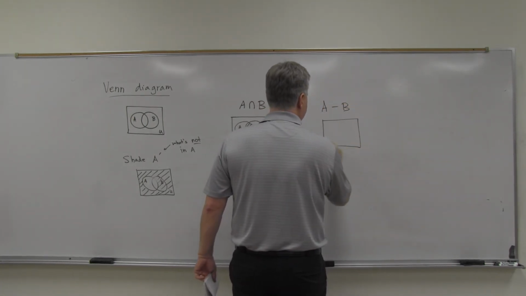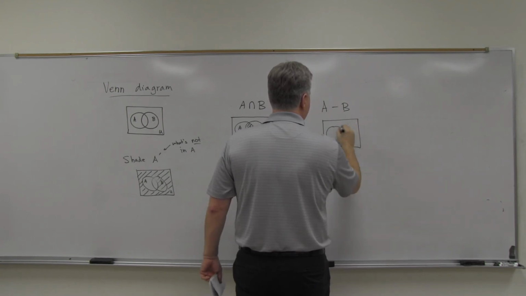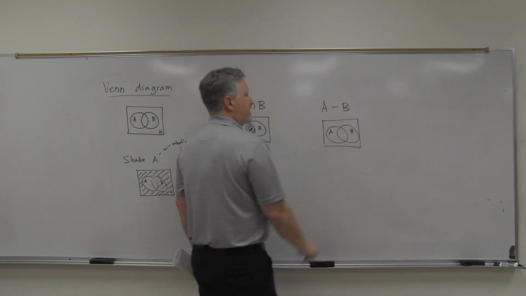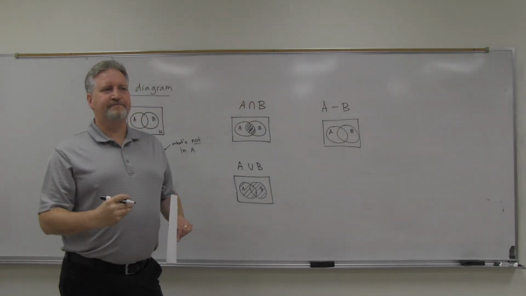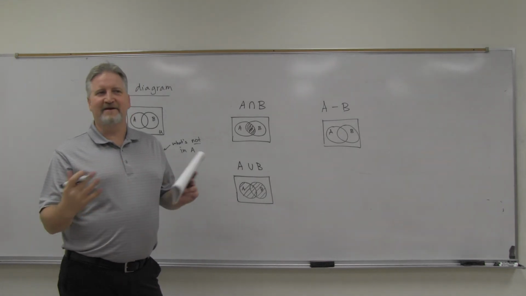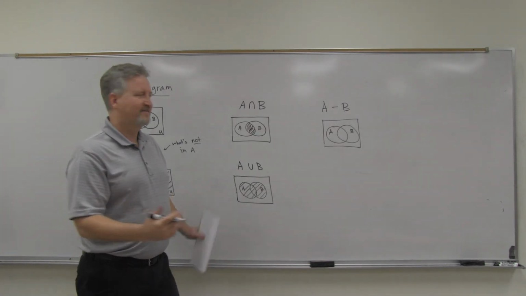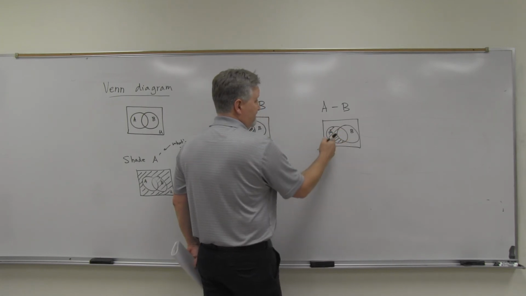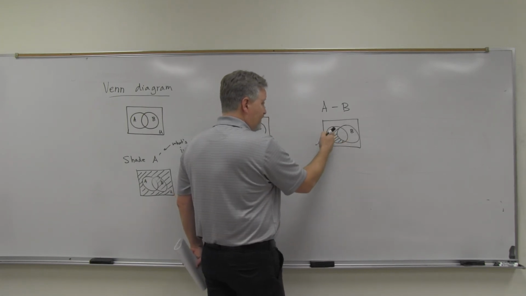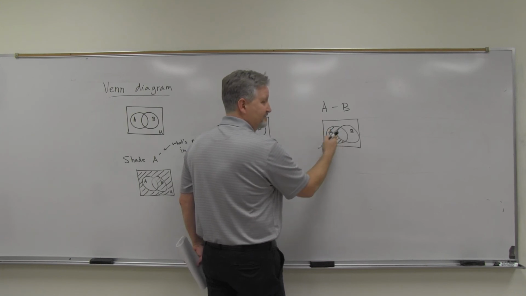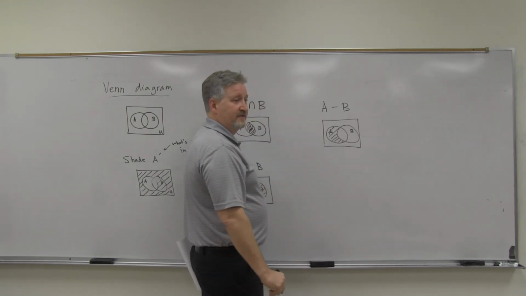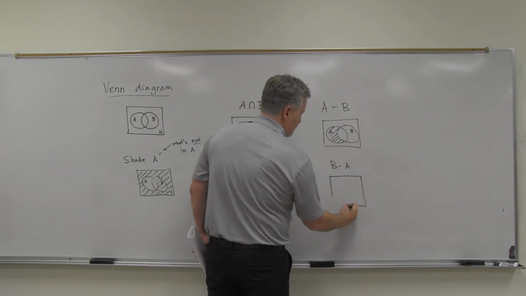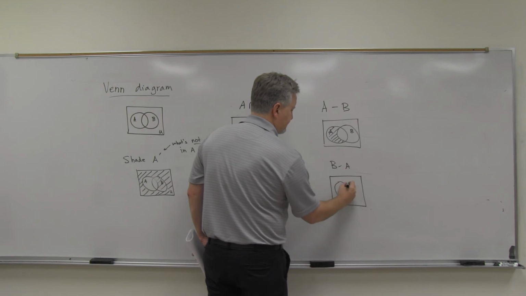All right, then, the other two, the difference of the sets, A minus B, A take away B. That's what's in A but not in B. So what part is that? Well, A minus B is what's in A but not in B, so it's a little moon shape. And then B minus A, just the opposite there, if you will.